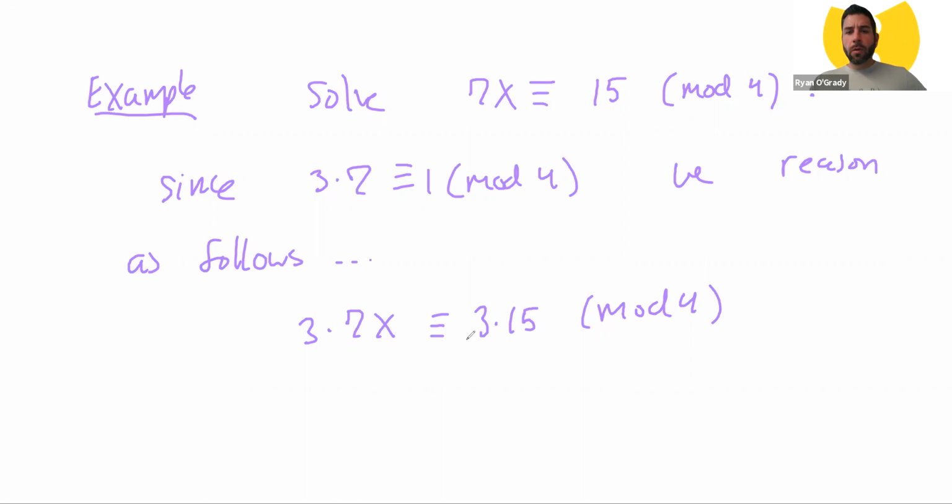So we know that 21 is congruent to 1. What is 45 congruent to mod 4? Well, what is the remainder of 45 when we divide it by 4? It's 1, right? So we get this.